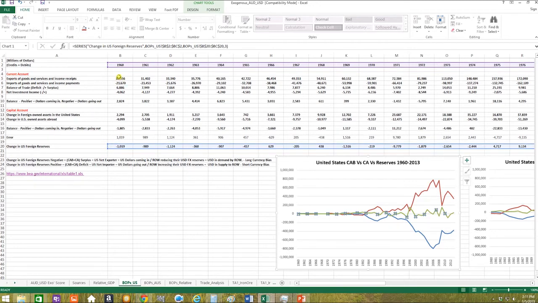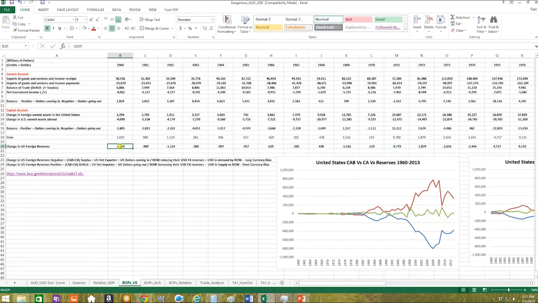So the current account balance and the capital account balance equal 0. We want the whole balance of payments to equal 0. So the green line that you see is the balancing item and essentially the change in US foreign reserves.